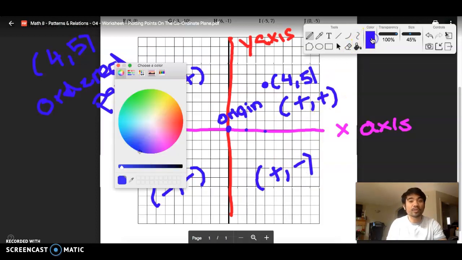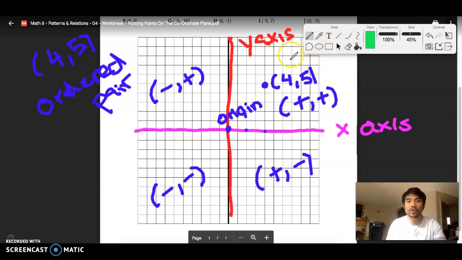If you remember this one from grade 7, we call this quadrant 1, quadrant 2, quadrant 3, and quadrant 4. Okay?